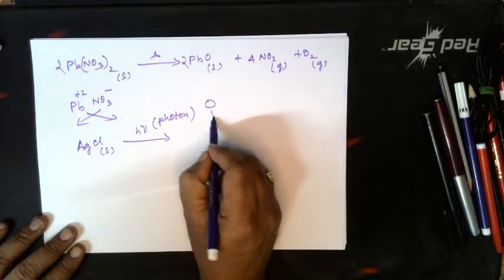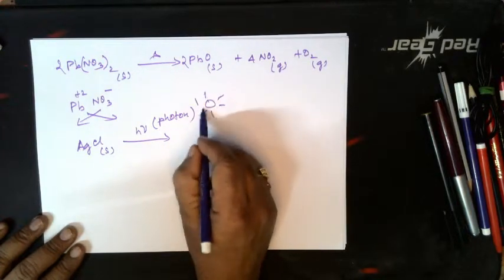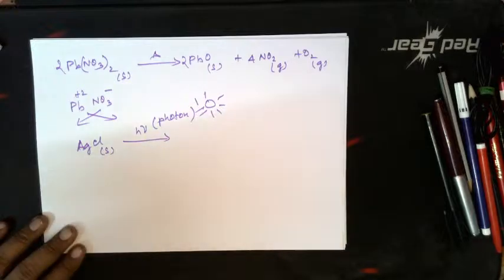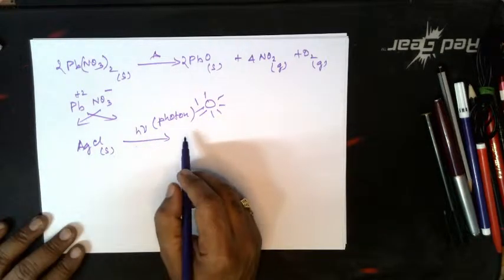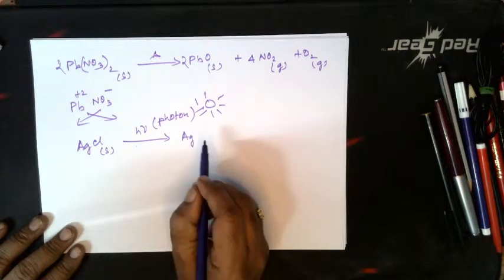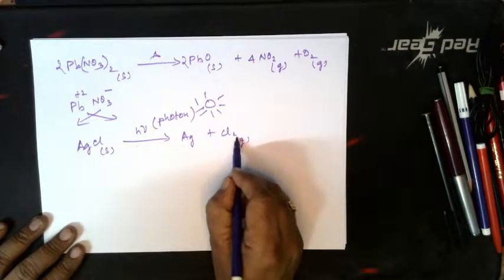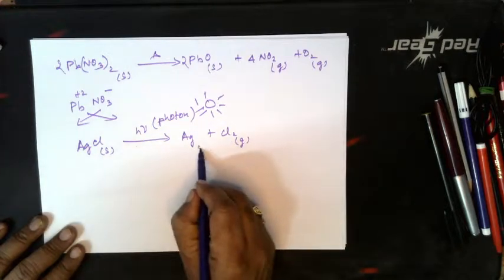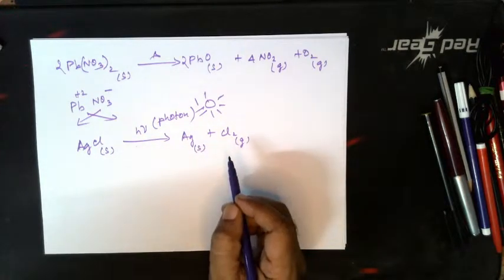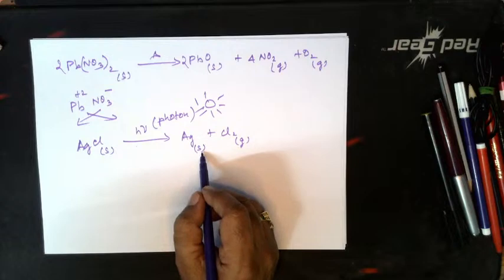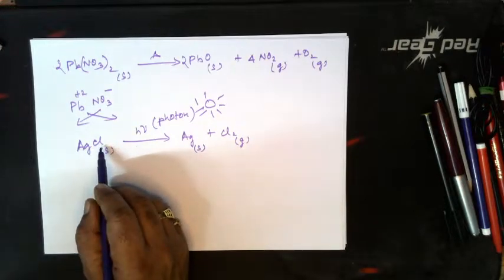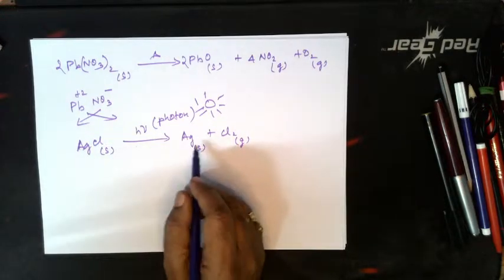So by keeping this chemical in the sunlight, you are able to get Ag, and the chlorine is liberated as gas. So you are able to get silver. Okay. So this turns gray. The silver chloride is white and that turns gray as silver.